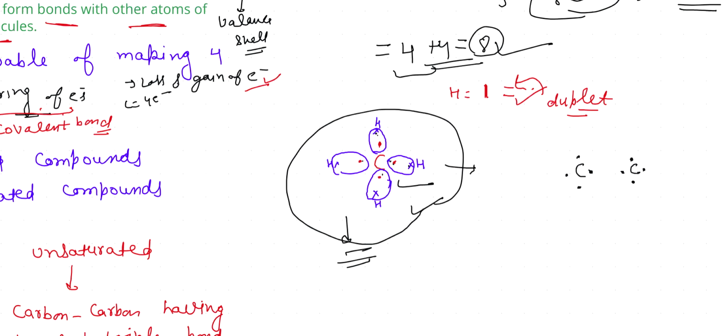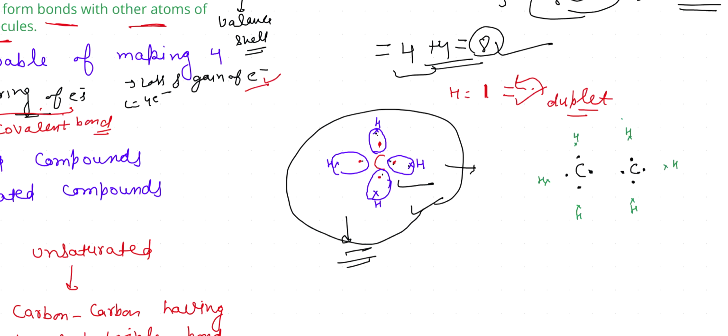So hydrogen, hydrogen, hydrogen. There will be hydrogen, hydrogen, and hydrogen. So as there are 4 valence electrons in the carbon atom, and this molecule contains 2 carbon atoms.